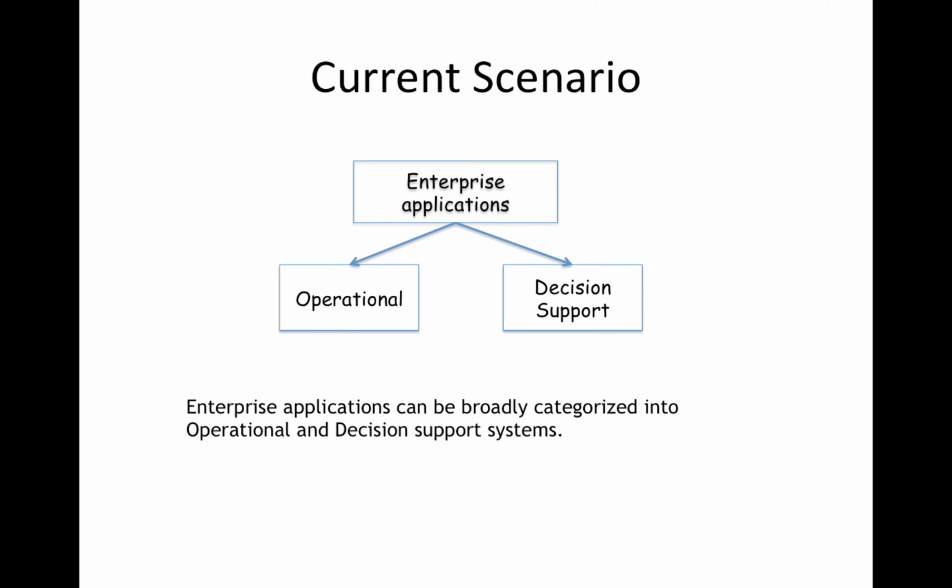So, as the name suggests, by leveraging those applications, you can come up with sound decisions for your business. It is primarily used for forecasting and all, but in short, all the enterprise applications can be categorized into operational and decision support.